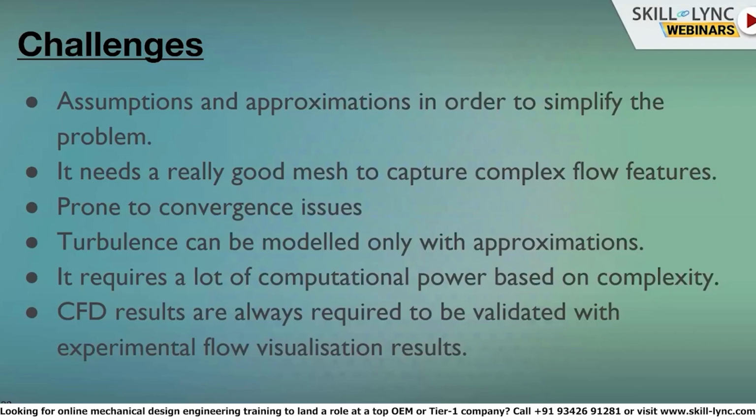And you always need to have a really good mesh to capture the complex flow features. Sometimes it leads to limitations on the computational capability you have. So then you need to take a call on what accuracy you need based on the computational HPC you have.